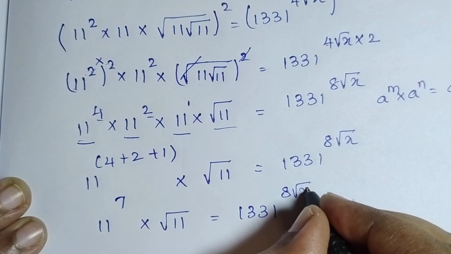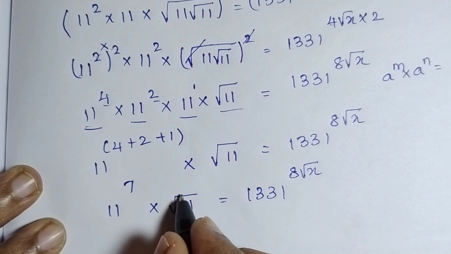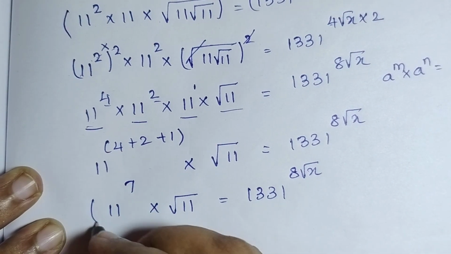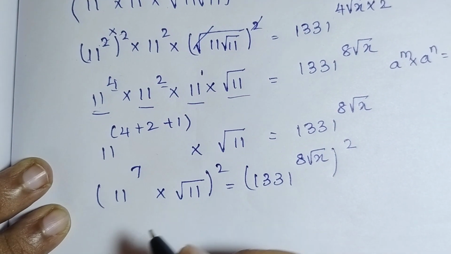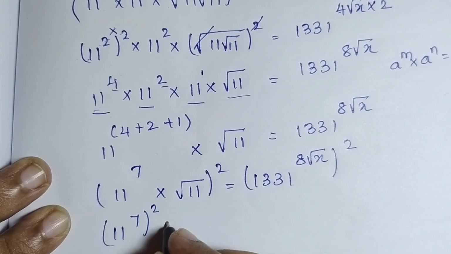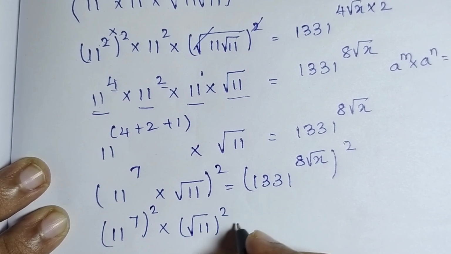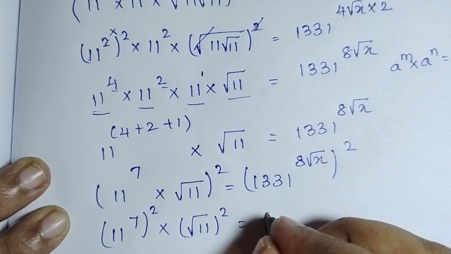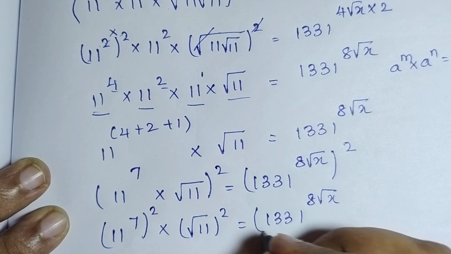1331 root x. Okay. So, to remove this square root, what do you have to do? I need to take square on both sides again. So, this becomes 11 power 7 the whole square into root 11 the whole square, which is equal to 1331 root x.